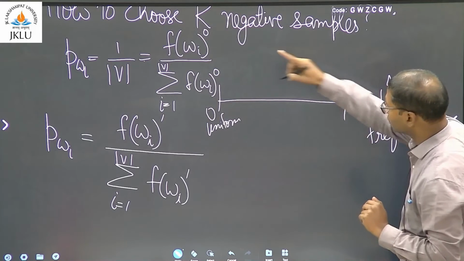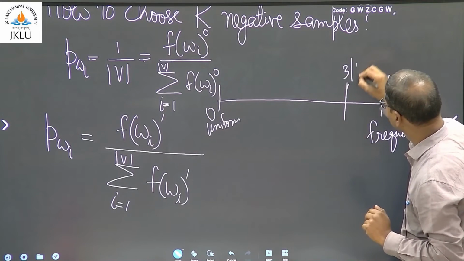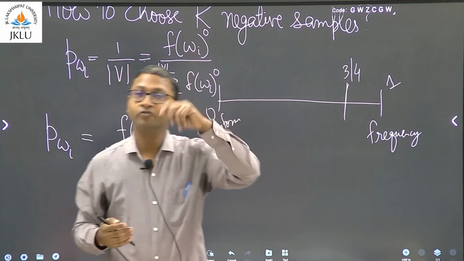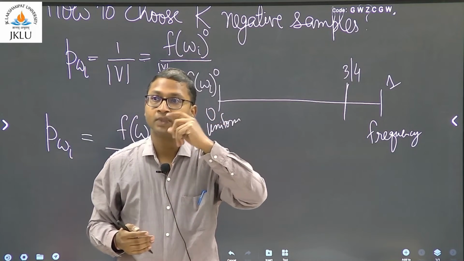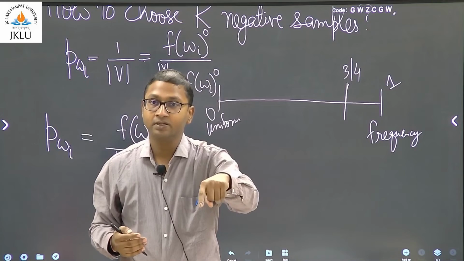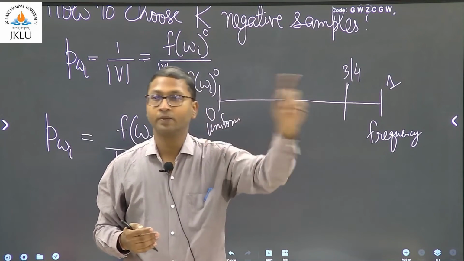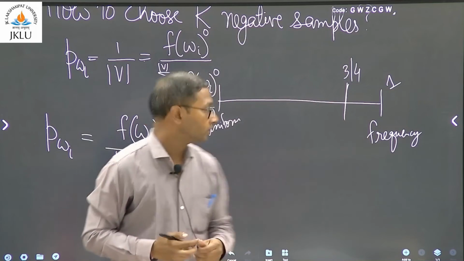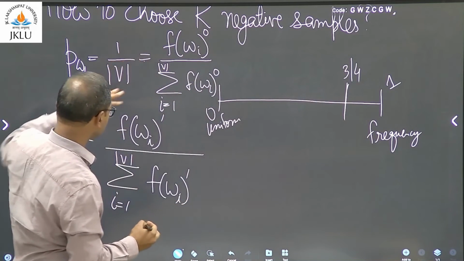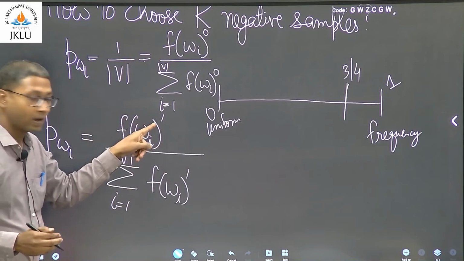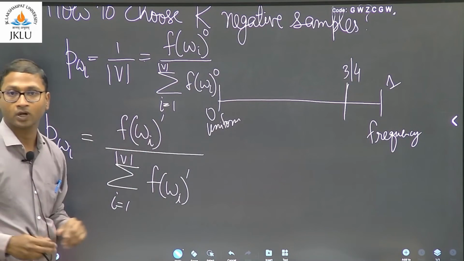So what they choose is, they choose this power equal to 3 by 4. That amplifies the probability of underrepresented words, but that decreases the probability of overrepresented words. So the same formula, but the power becomes 3 by 4 now.